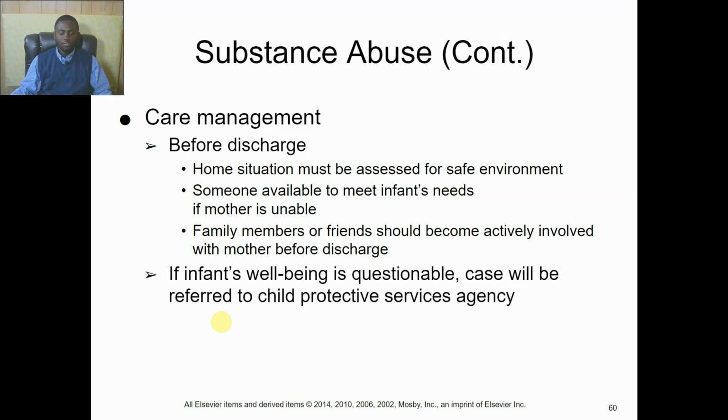Do they have family members that are willing to be actively involved with the mother before you discharge them? If the infant's well-being is questionable, then the case will be referred to Child Protective Services, and this is true because you want to protect the infant and prevent sudden infant death syndrome from occurring.